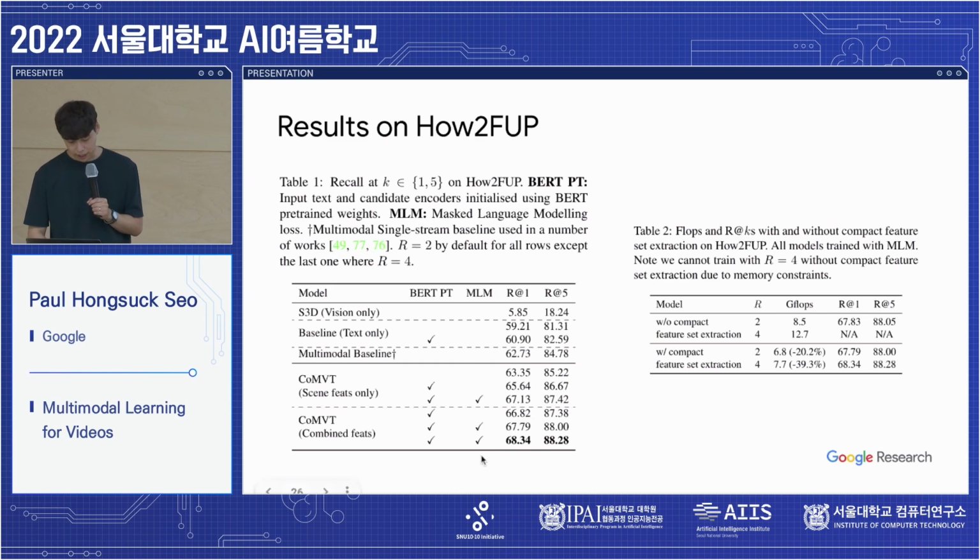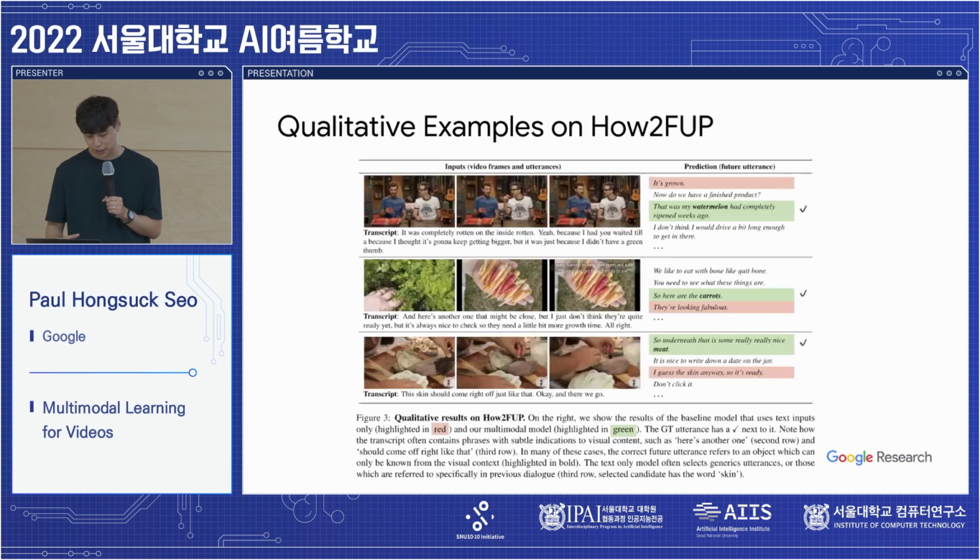These are the qualitative examples that we found. The red one is the prediction of the text-only model, the green one is our multimodal model's prediction, and the checkbox represents the ground truth candidate. The boldface words represent the clue that shows this candidate is the ground truth.